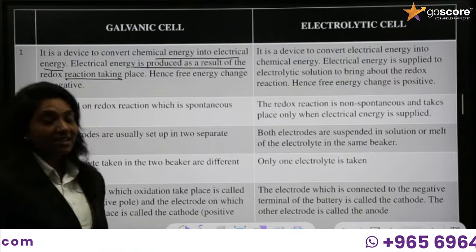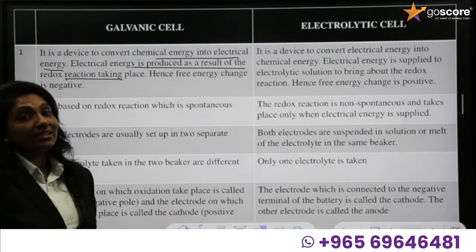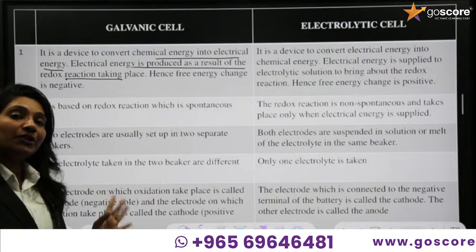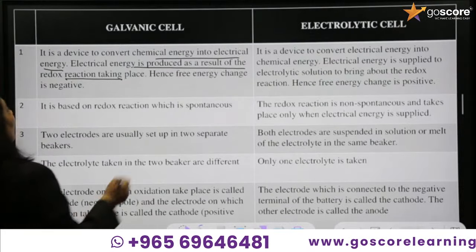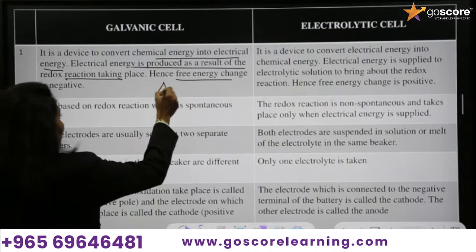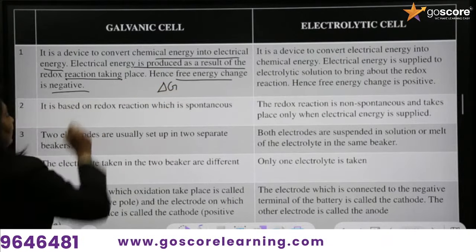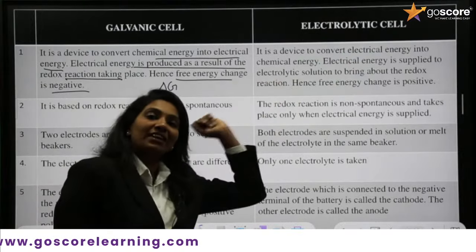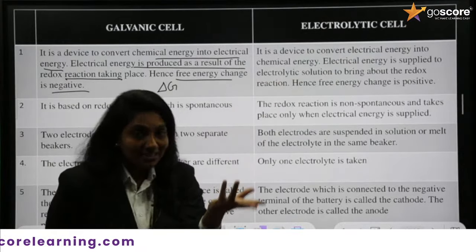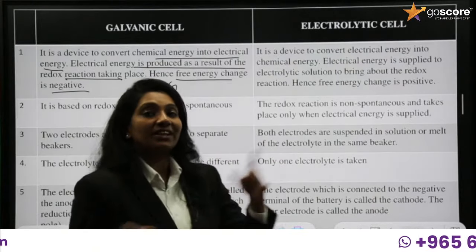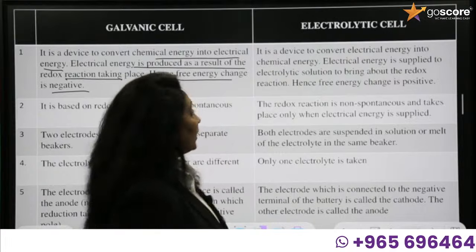And for spontaneous reactions, the delta G value, the Gibbs free energy change, is negative here, right? And what is an electrolytic cell? In an electrolytic cell, it is non-spontaneous. The delta G is positive, and electrical energy is converted into chemical energy.